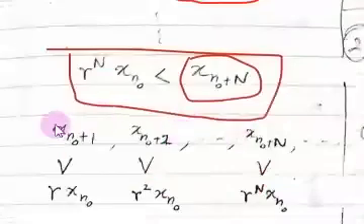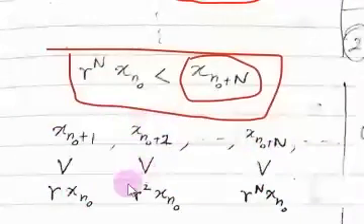That means you showed that. So this is your sequence starting from n naught plus 1, n naught plus 2, up to n naught plus uppercase N. This value is greater than this one, this value is greater than this, this value is greater than that.